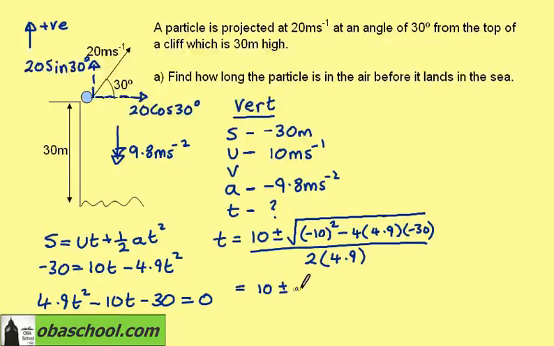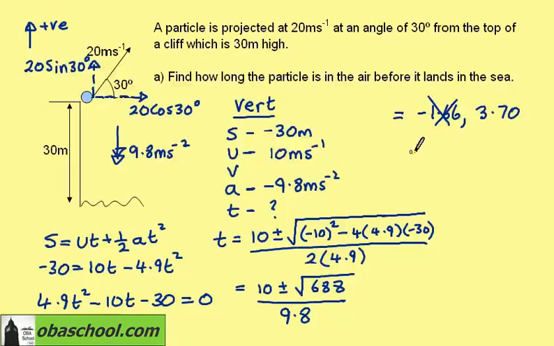So this is 10 plus or minus the square root of 688 over 9.8. And this is equal to minus 1.66 or 3.70. Clearly time can't be negative, so the time taken must be 3.70 seconds, correct to 3 significant figures.